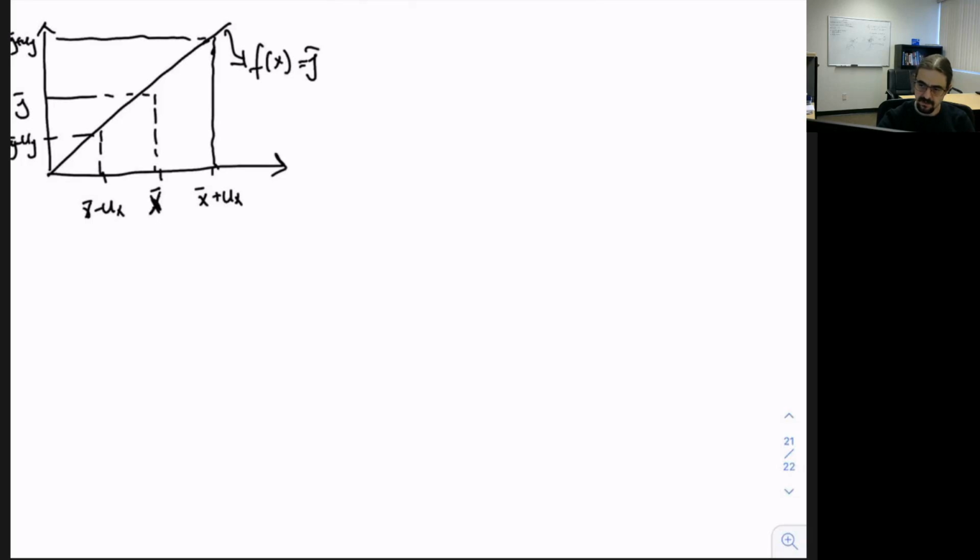And what we are trying to understand is how we can define or estimate Y bar plus minus Uy, which is a function of X bar plus minus Ux.